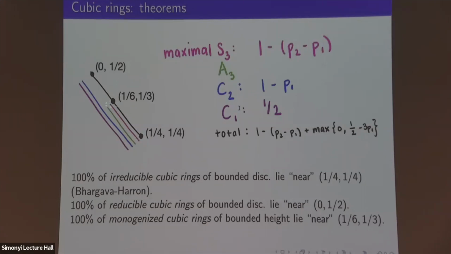And if you plug in the density function for S3 cubic rings here, you get x to the 5/6. If you're trying to compute the total number of S3 cubic rings, you're essentially doing an integral over this line segment. And that means taking the indefinite integral at one point minus the indefinite integral at the other. So this is a way of hinting that the second order term should be x to the 5/6 and the coefficient should be negative, which ends up being true. I'm not saying this is a way to prove that, but it's a way of guessing that.